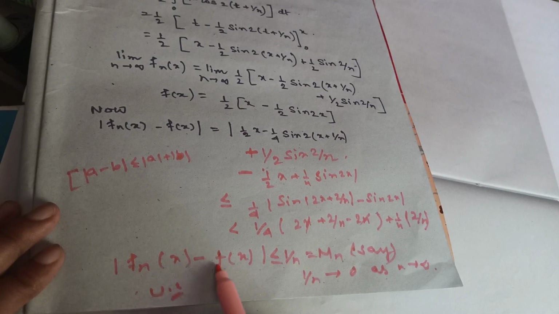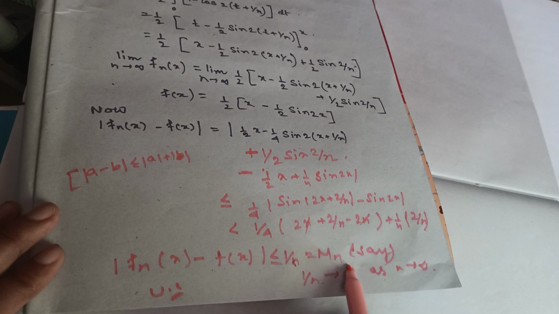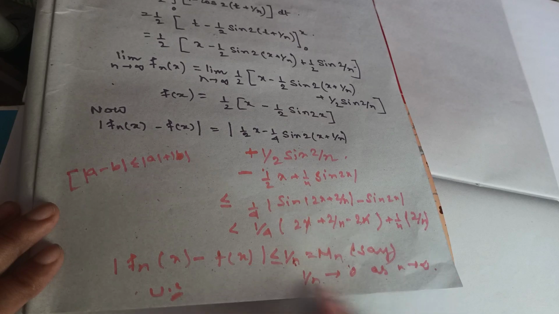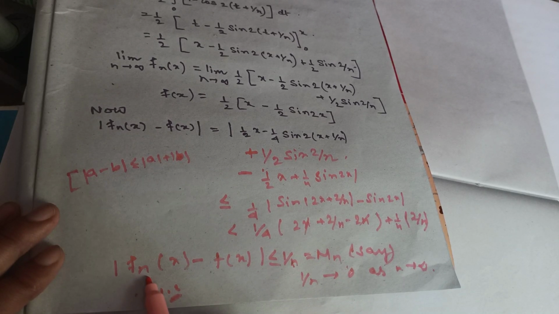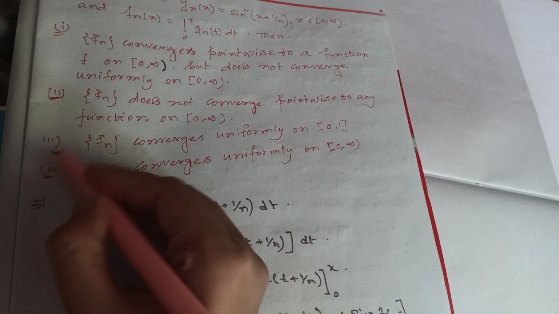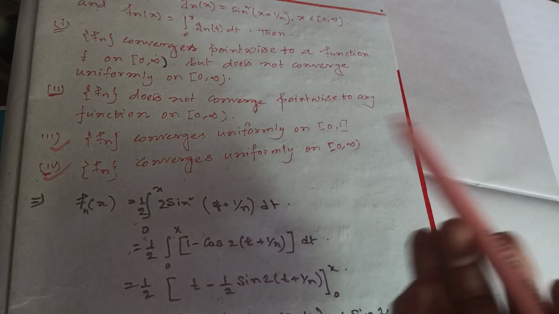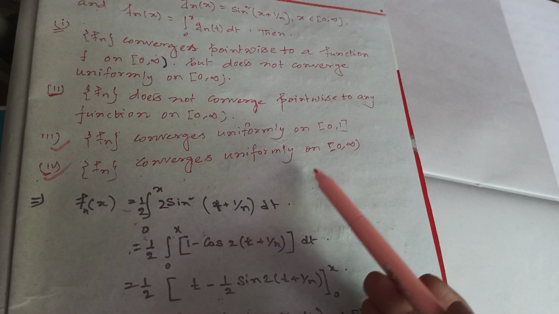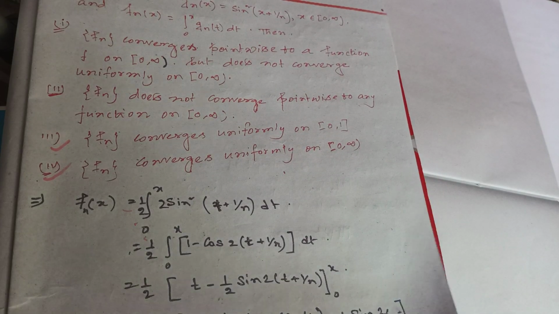So we get mod f_n(x) minus f(x) less than or equal to 1 by n, and we consider this as M_n. Then the limit as n tends to infinity of 1 by n goes to 0. So this is uniform convergence. So our third and fourth options are correct: f_n converges uniformly on the closed interval 0 to 1, and f_n converges uniformly on the closed interval 0 to infinity.